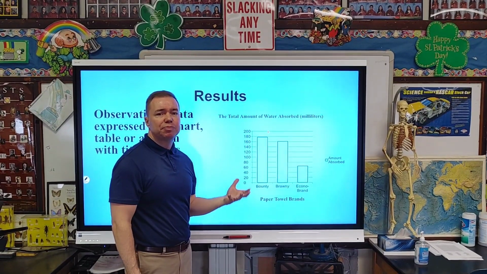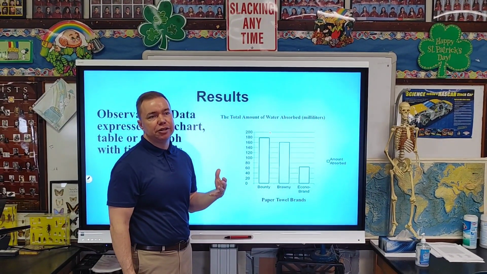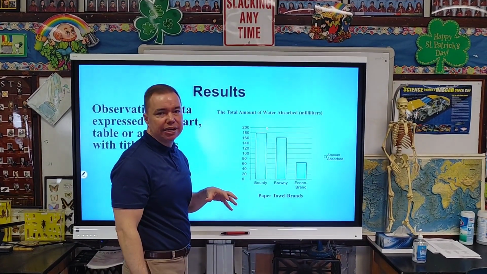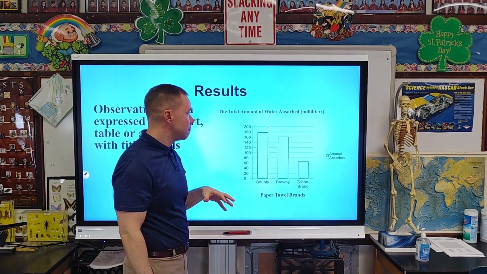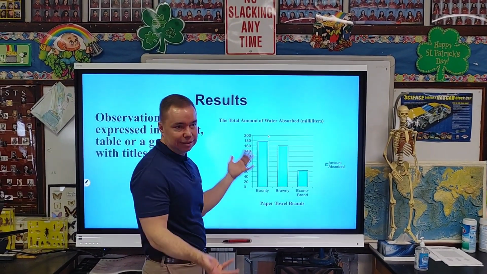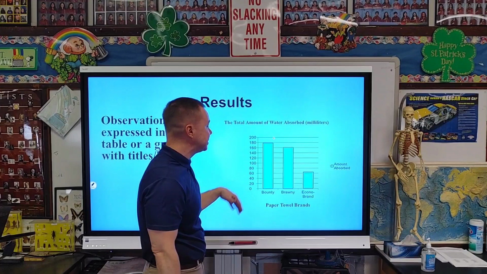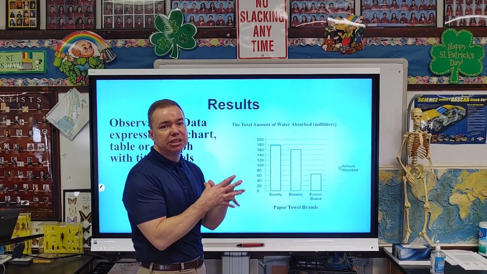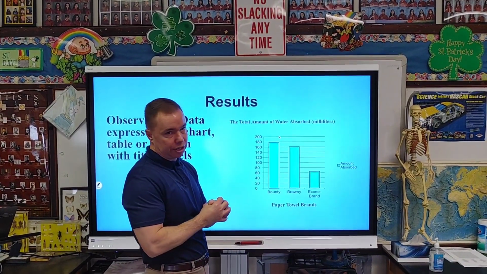Why do we do this? Because it's very easy to read and understand. You don't have to read through pages of data or numbers. Make sure you label everything: your y-axis, your x-axis, and have a title, so everybody knows exactly what the data is showing.